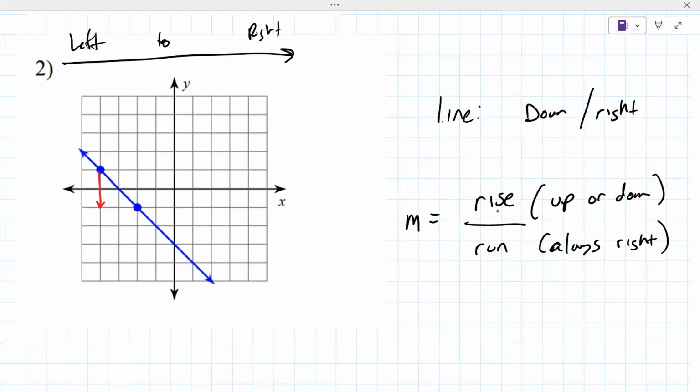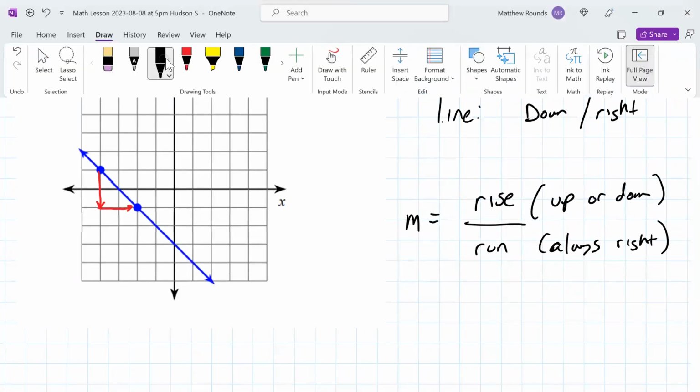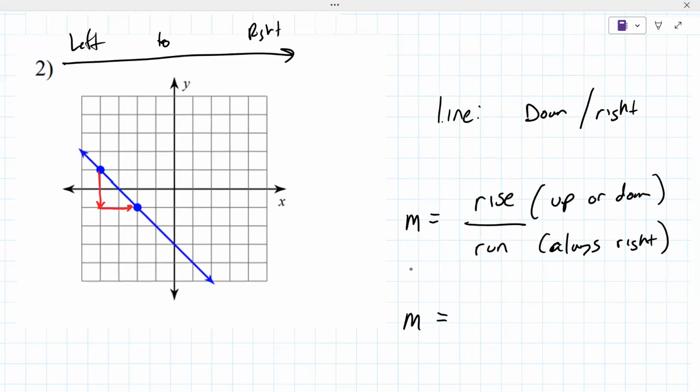So in this problem, when you go down, that's negative, -2 over, your run is 2. So the top number can be either positive or negative. It's negative if you're going down, but the bottom number is always positive because you're always going to the right. Okay. What does this reduce to?